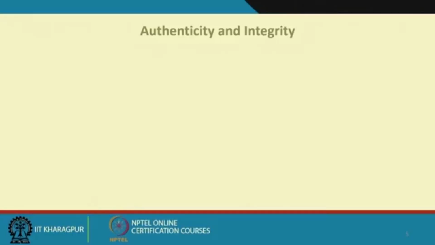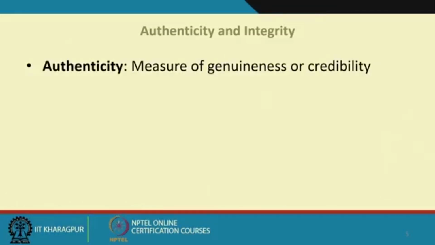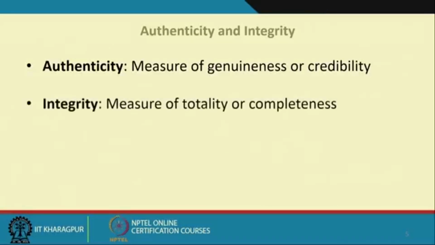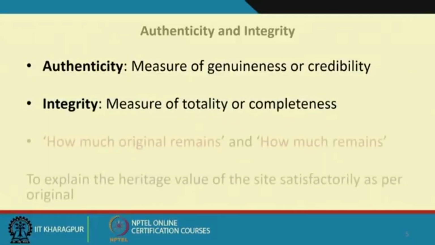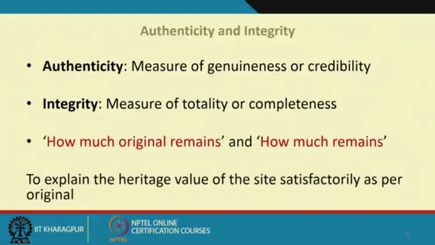So, let us talk first about authenticity and integrity. Authenticity is generally the measure of genuineness or credibility, and integrity is the measurement of the totality or completeness. So, that means how much of the original remains and how much remains.